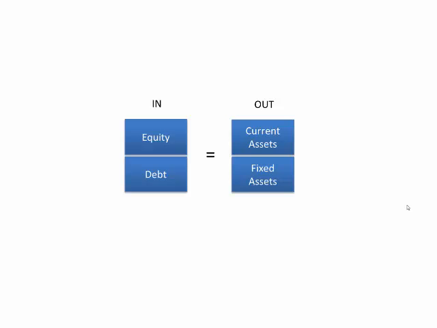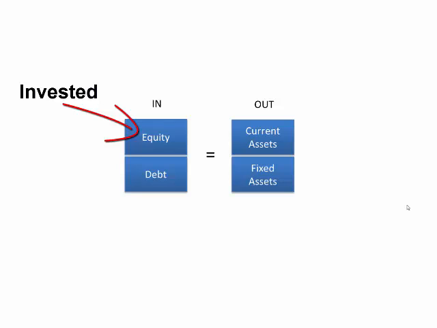There's money that comes in, and you take the money that's come in and you invest it, and those are the two sides of the balance sheet. The balance sheet just tells you what money came in and what did you do with that money. The money can come in two different ways. It can be money that is invested in the business by the shareholders, by the people that own the business.